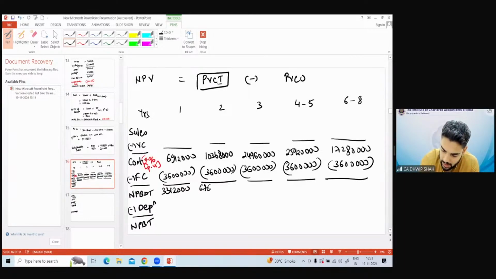Minus 36 lakh, 223.20, then 172.80 minus 36 lakh, 136.